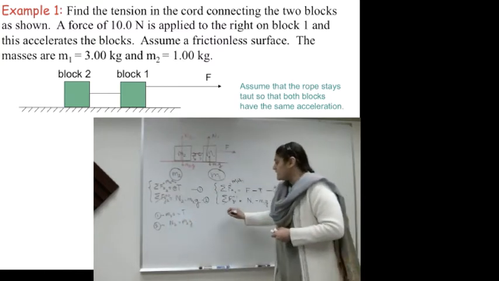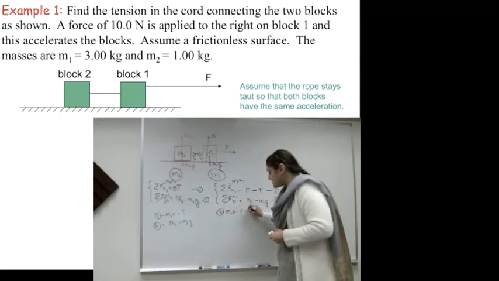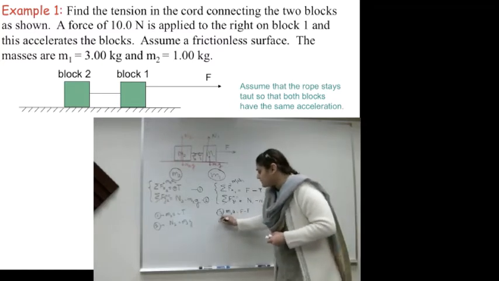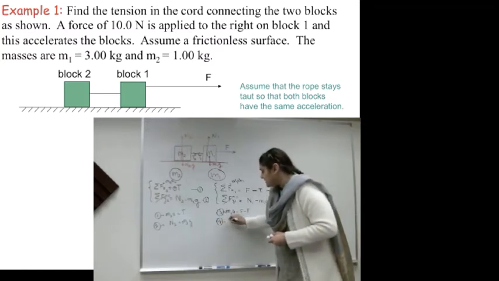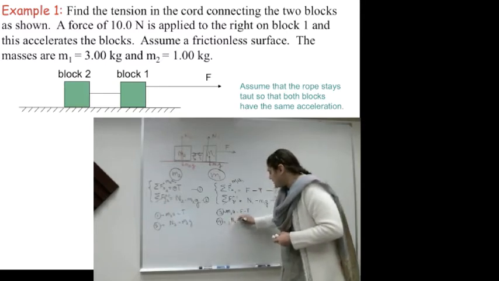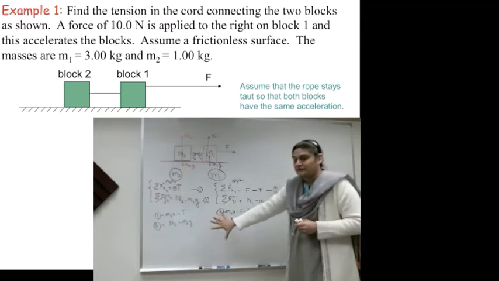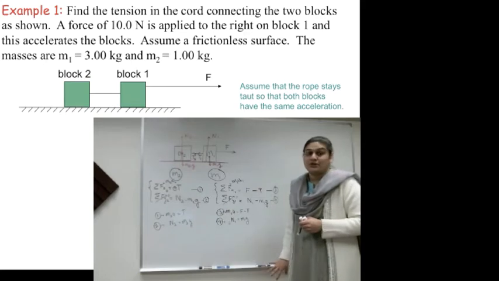From equation 3, I can rewrite m1a equals F minus T. And from equation 4, I can rewrite 0, or in fact, N1 equals m1g. Now I have all of the stuff that I need in order to solve for this.